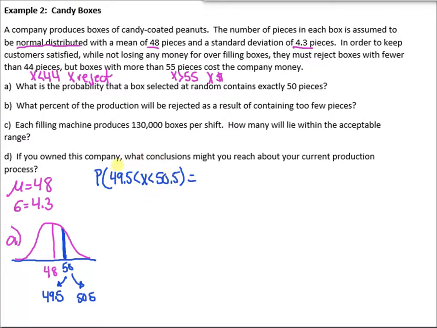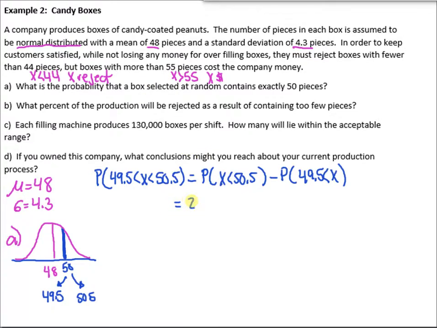For a question like this, we want to find the probability that X is less than 50.5, and then subtract the probability that X is less than 49.5. Let's do these two individually.